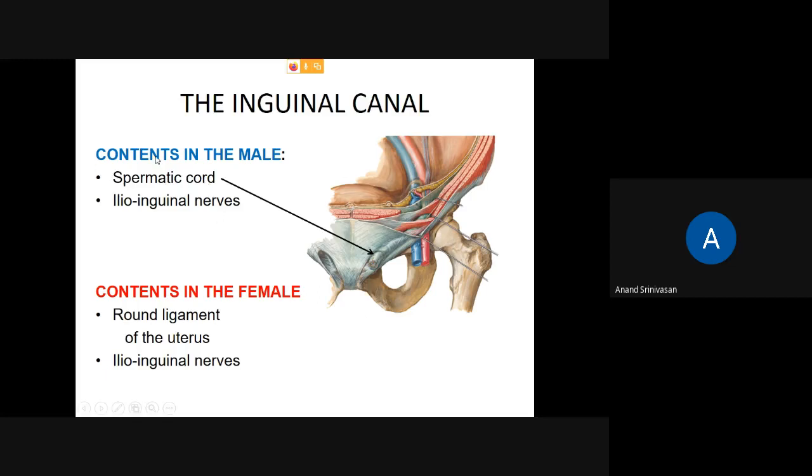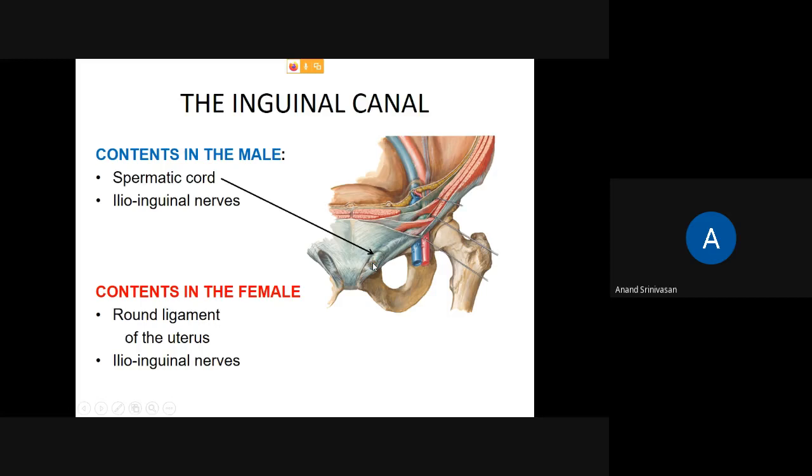Also there is a nerve which comes along, the ilioinguinal nerve. The sympathetic nerve also comes, and some lymphatics also come out through the inguinal canal.